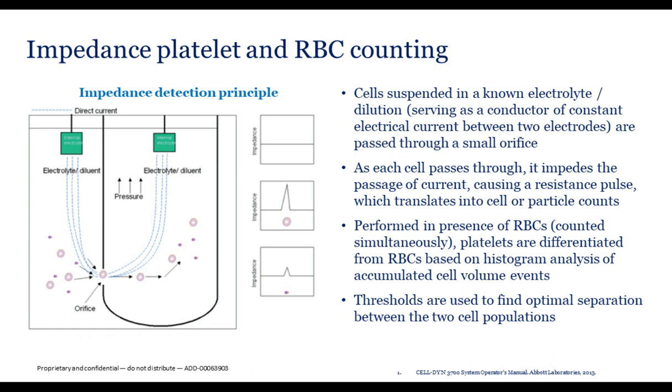Diluent used serves as an electrolyte solution through which a constant electrical current is maintained between the two electrodes. The cells flow through the orifice, they impede the electrical current, and resistance is detected. The detection of discrete resistance permits counting of the event. The magnitude of that resistant pulse can be used to estimate the volume of that event.